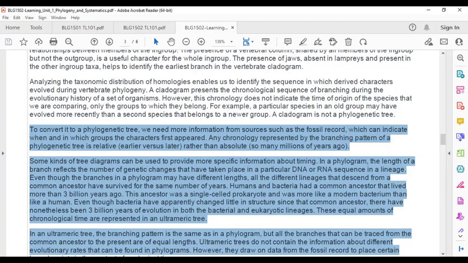As they said here, it can be either earlier or later, whether it was 4 million or 3 billion years ago. This ancestor could have been, for example, a single-celled prokaryote.